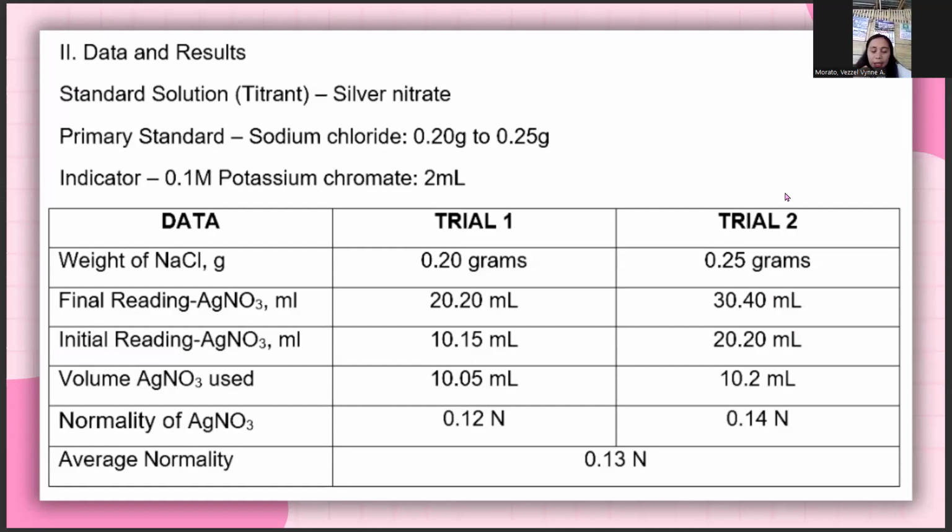For the normality, from our solution, we got 0.12 in trial number 1 and 0.14 in trial number 2. Then the average normality is 0.13 N.